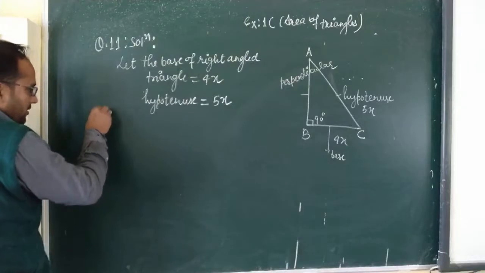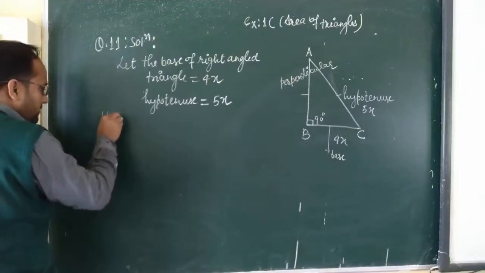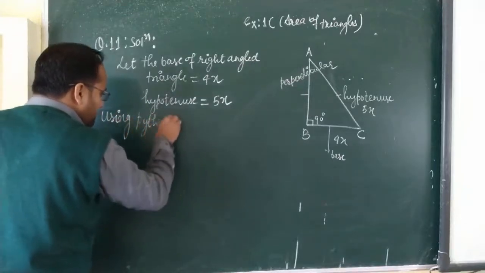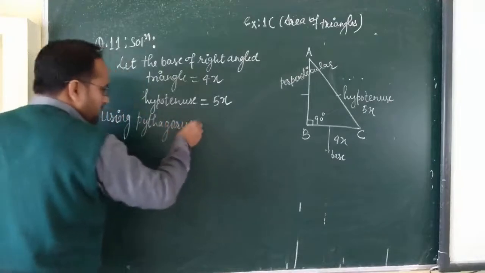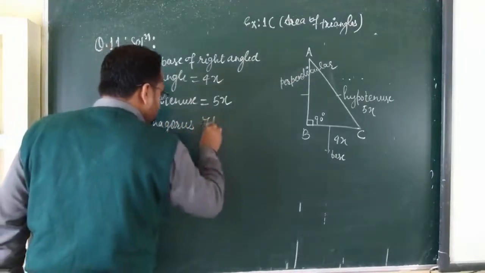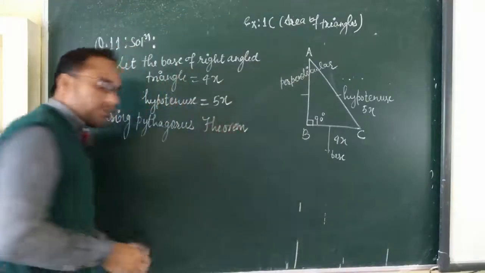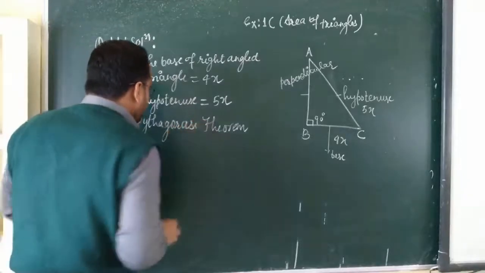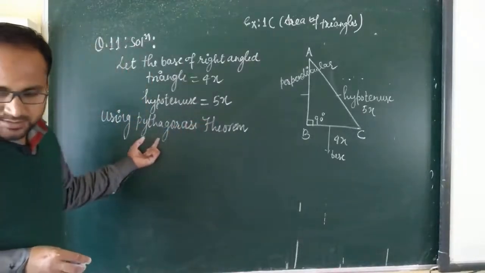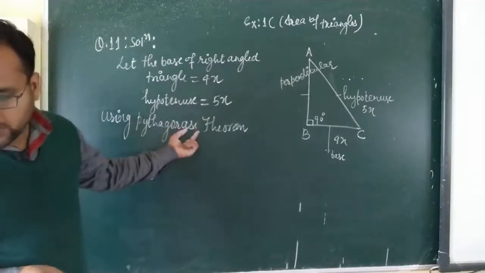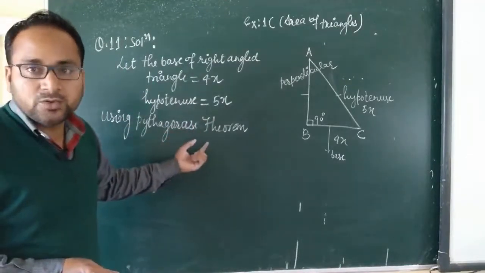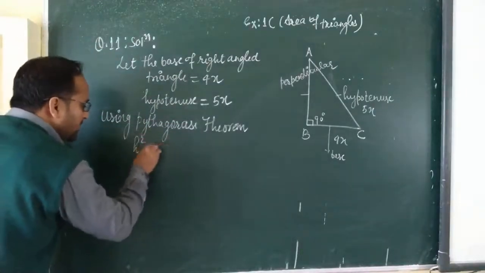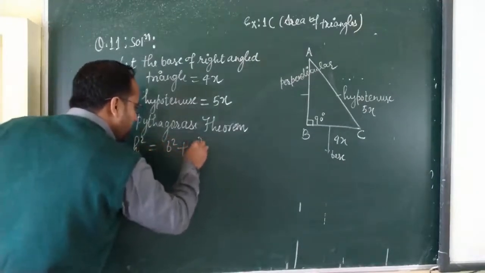By using the Pythagoras theorem, hypotenuse square is equal to base square plus perpendicular square.